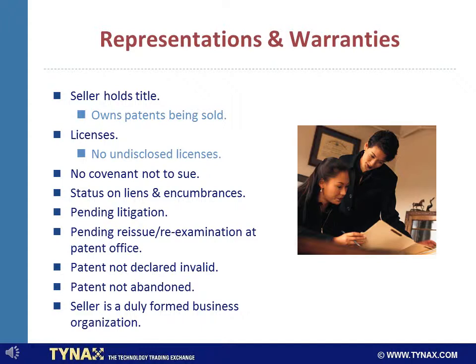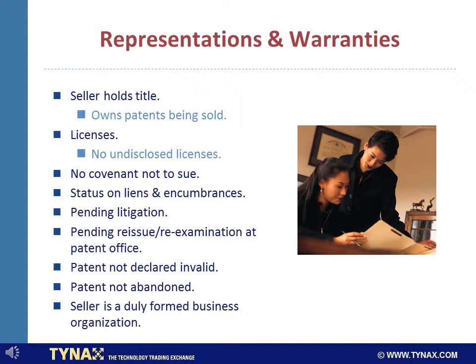Other representations and warranties cover the status and liens and other encumbrances, pending litigation, pending reissue or re-examinations of the patents taking place at the Patent Office. The buyer wants assurances that the patents have not been declared invalid and have not been abandoned.